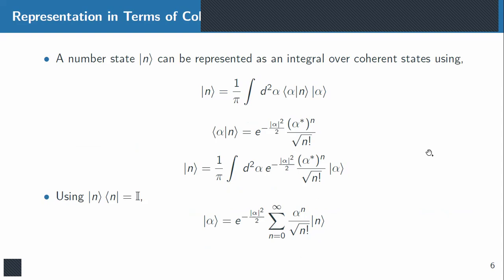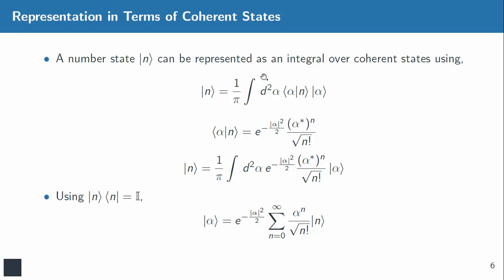Again, we could use the coherent state as the representation of different quantum states, as we have used previously, where we could write the different quantum states in terms of Fock states. But now we are going to write the Fock states in terms of the coherent states.